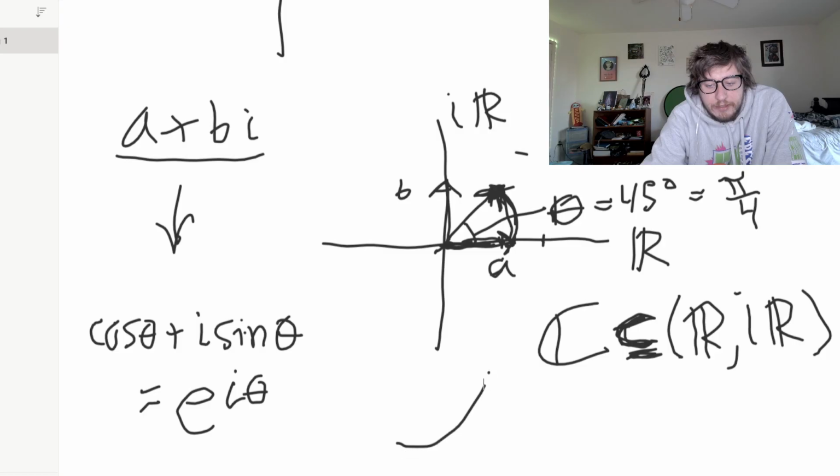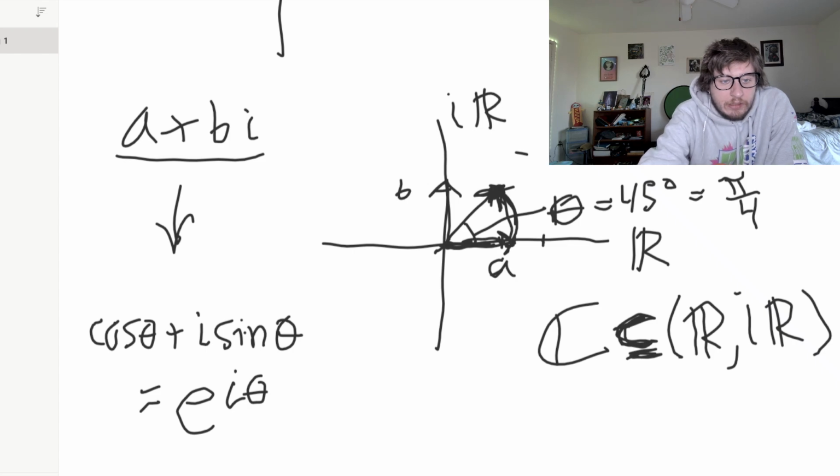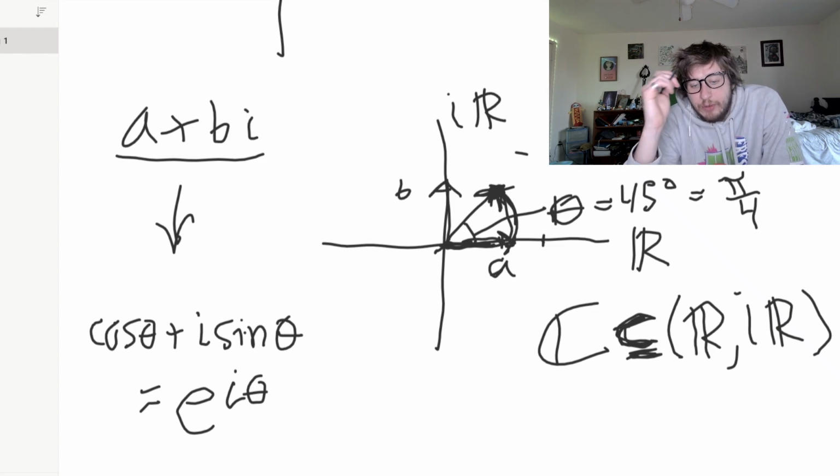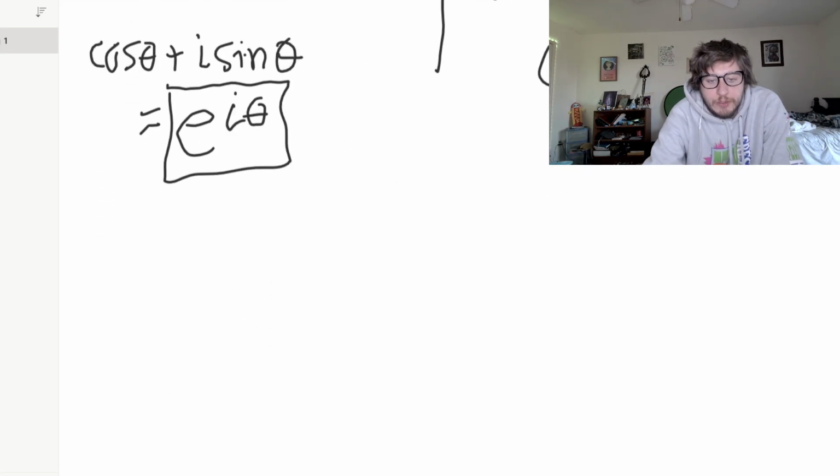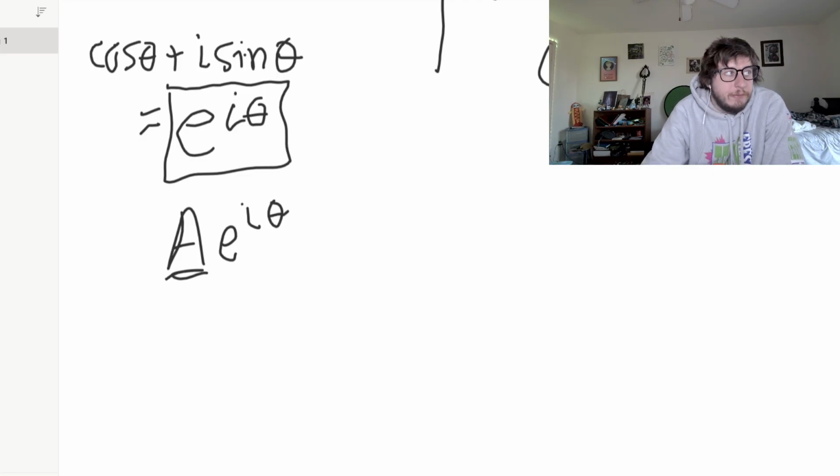I don't know if we talked about e to the x actually, but if we haven't, we will, because e is my favorite number. But complex numbers can be written in this nice form of e to the i theta. And then you just put a in front, a e to the i theta, to make it longer. You just multiply by a number and it makes it longer. So those are complex numbers.